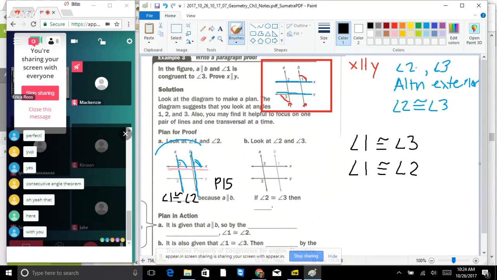The transitive property. Then we know that angle 2 is going to be congruent to angle 3, and we can prove that they're parallel. So this is helping you plan out here. It's saying, look at angle 2 and angle 3. If angle 2 is congruent to angle 3, then we're able to prove that X is parallel to Y.